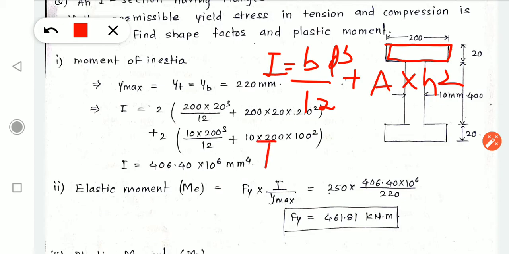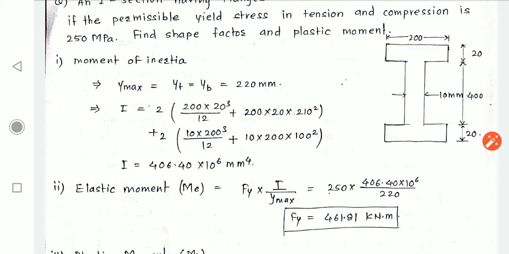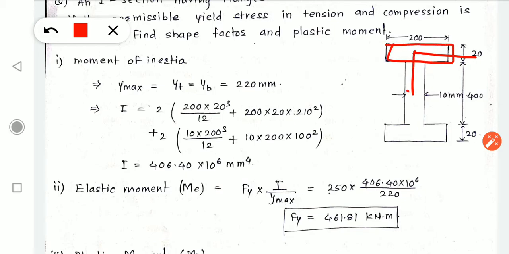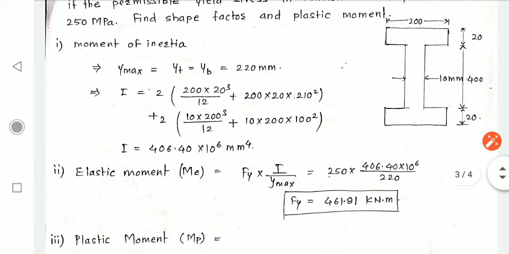It means that I at neutral axis equals I at own axis plus area into h square. What will be the h? h will be the distance from the centroid of this rectangular section to the centroid of our whole section. You have learned this under SOM, still I am repeating and explaining it again.